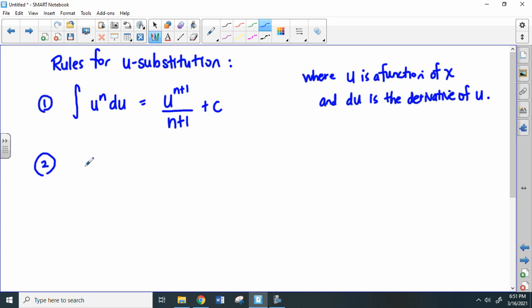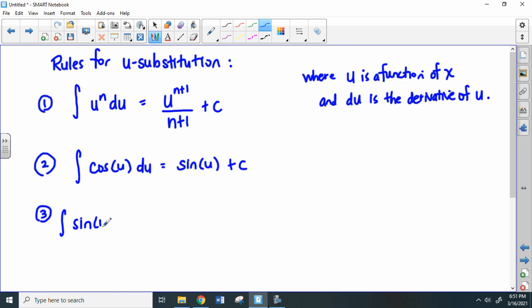All right, the next rule, it works for all the trig, but we'll just look at sine and cosine right now. So if I integrate cosine of u du, then that's going to give me sine of u plus c. If I integrate sine of u du, that's going to give me negative cosine of u plus c.